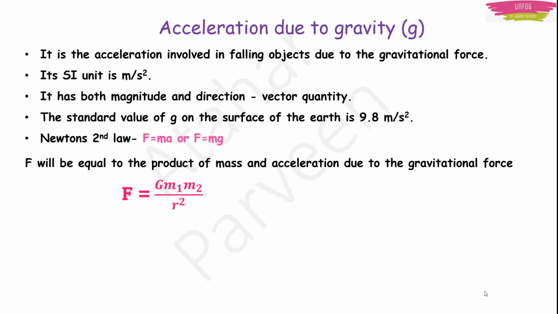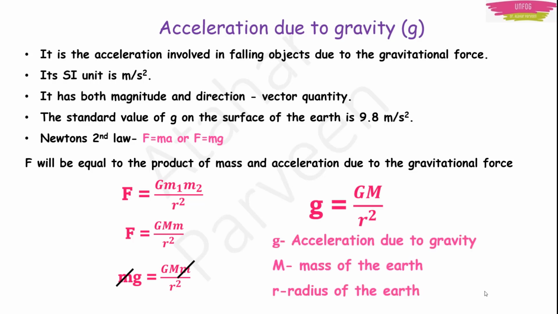Now I have two equations, right? One is F is equal to mg and the other is F is equal to G into m1 into m2 upon r square. I can also write this G into m1 into m2 upon r square simply as G into capital M small m by r square, right? Now in left hand side I can write F as mg. Now this small m I can cancel so that I get the value of g, the acceleration due to gravity, is equal to G into capital M upon r square.